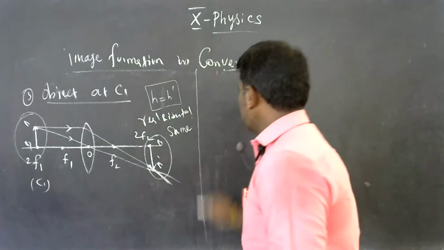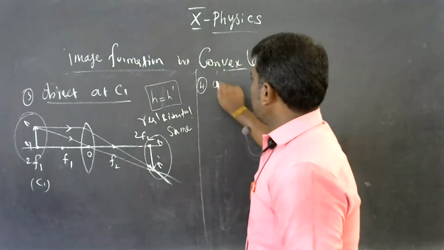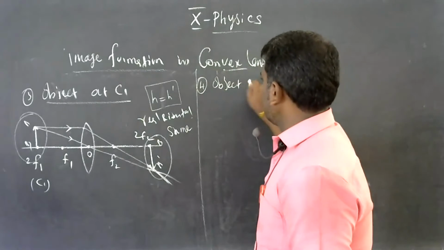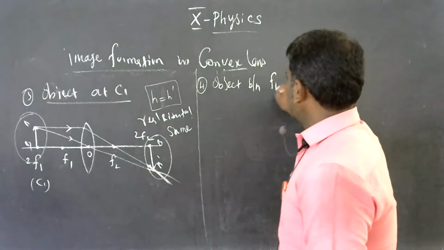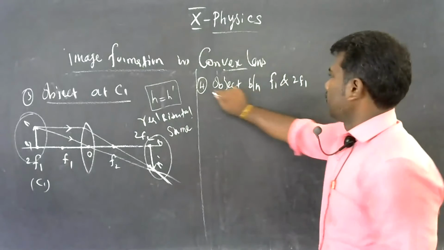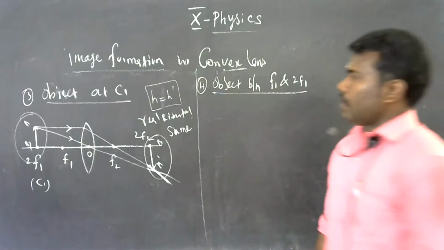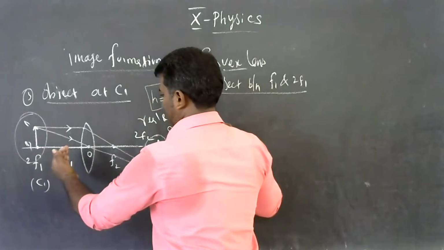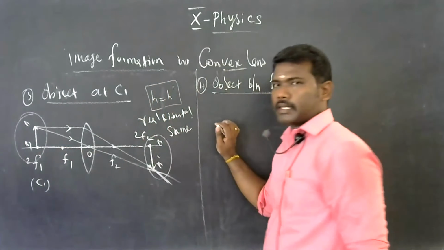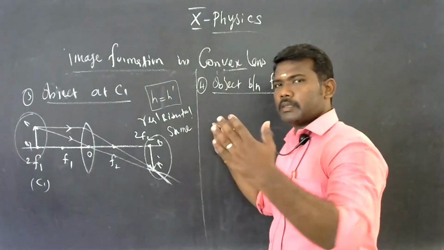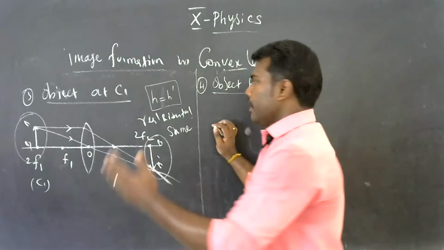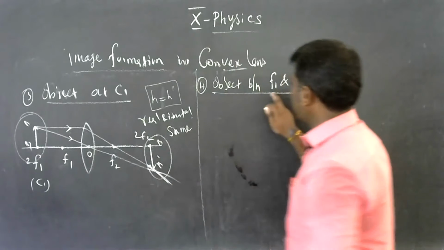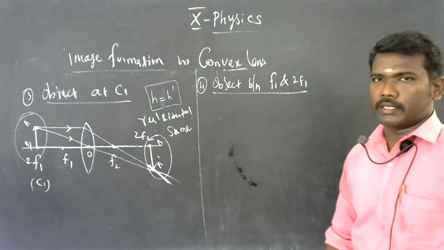And the fourth case, the object is located between F1 and 2F1. So in each and every case, we are moving the object from infinity towards the optical center. First infinity, next beyond C1, next at C1, and the next case is between F1 and C1.